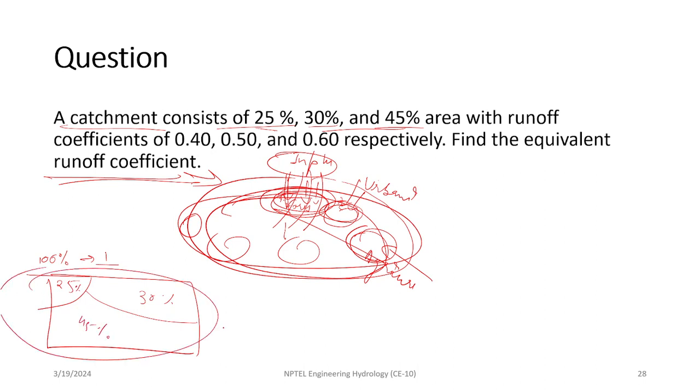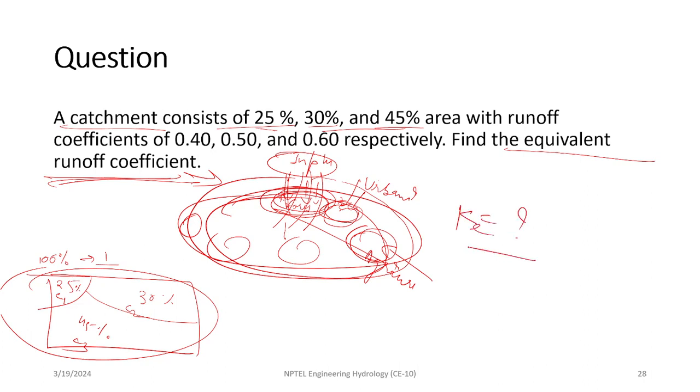Is it coming to 100? Yes. Okay, that's good. Now for these areas, the runoff coefficient is also mentioned. So you can say C1, then C2, then C3. Okay, so we have to find out the equivalent runoff coefficient.